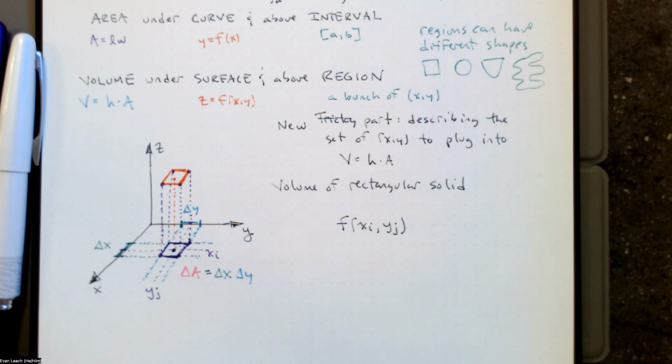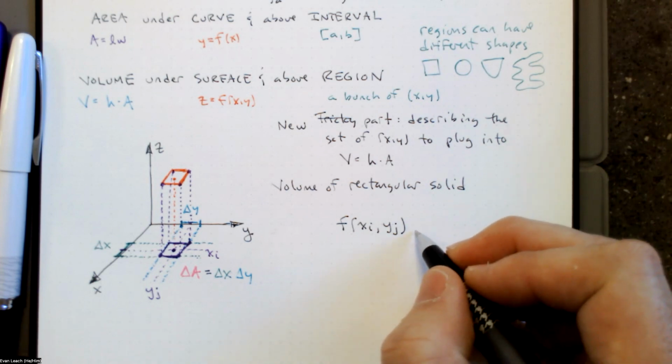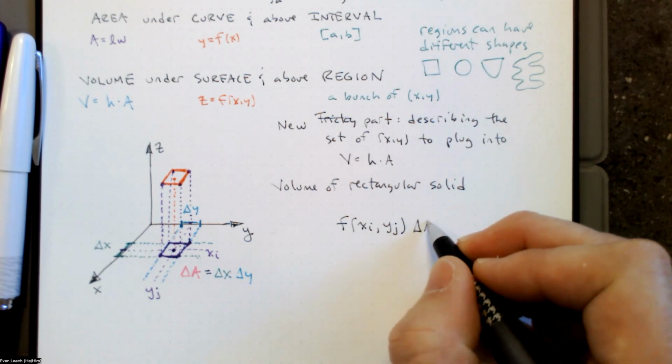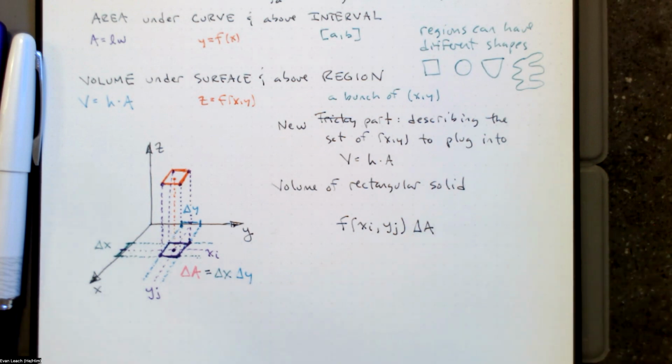That's the height, and we're going to multiply that by the area. And there's the height of one of the rectangular solids. I have my representative height for the function over that whole small piece of area, that whole small delta A. And I'm calculating volume the same way we always calculate volume: cross-sectional area multiplied by the height.